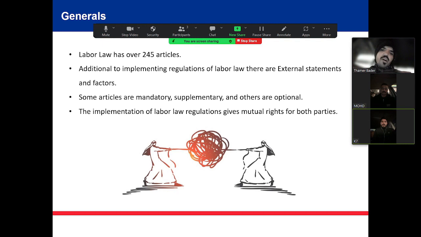But some are optional. When the companies feel that it is for their benefit to put them in, they can do that. There will be no consequences for putting or not putting them.